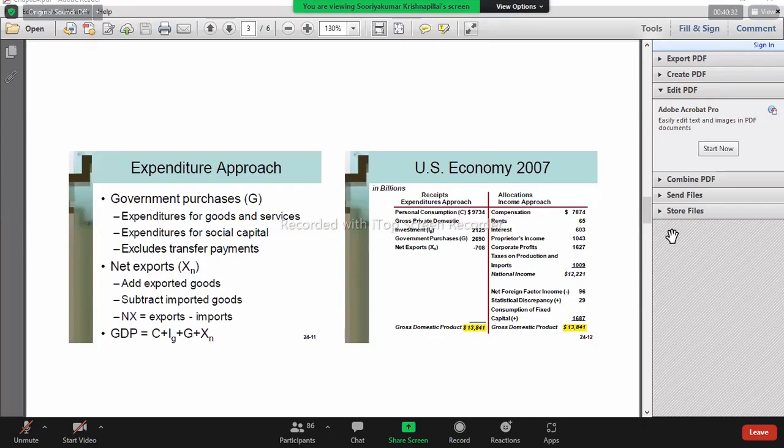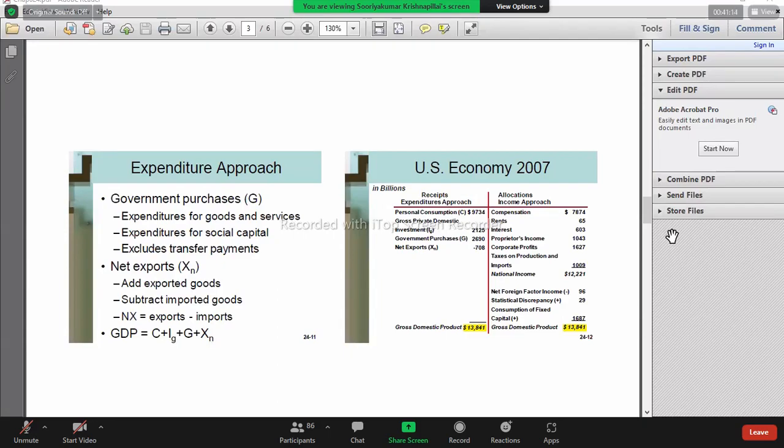An American single owner company investing in another country gets income. That is proprietor's income. So this income counts not only domestic production but income from other countries' production also. And corporate profit: big multinational companies have companies in other countries, so that income is also included in corporate profit.